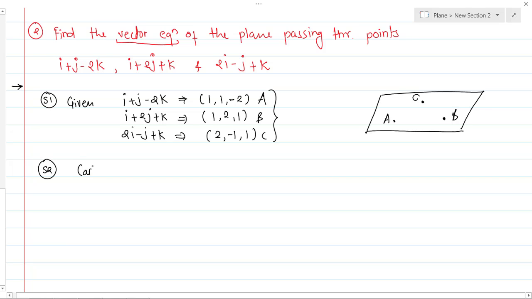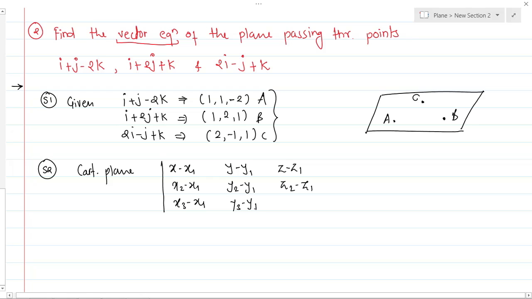Step number 2: the Cartesian equation of the plane is given by the determinant of x minus x1, y minus y1, z minus z1; x2 minus x1, y2 minus y1, z2 minus z1; x3 minus x1, y3 minus y1, z3 minus z1.